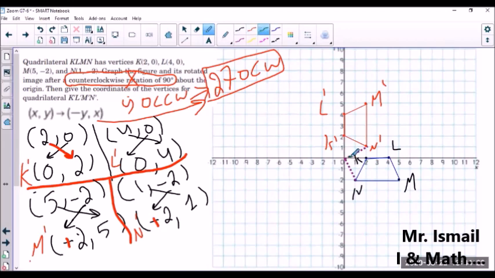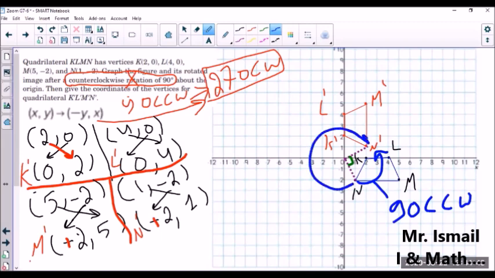Here's the 90. So if I move from N to N prime this way, I am moving 90 counterclockwise. If you want to move from the other side, it will be 270 clockwise.